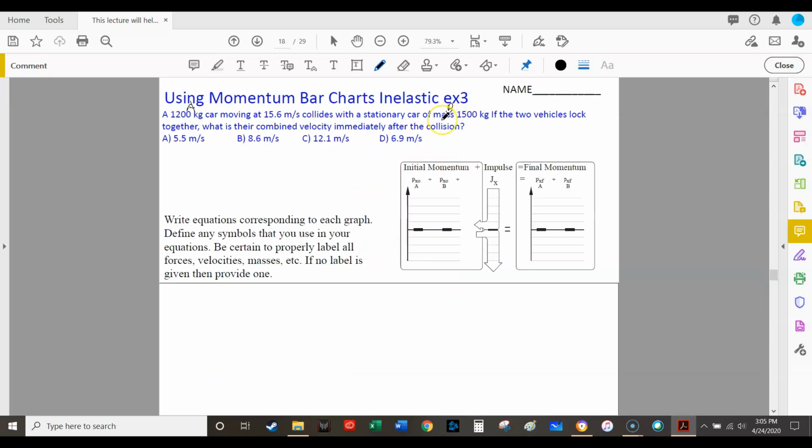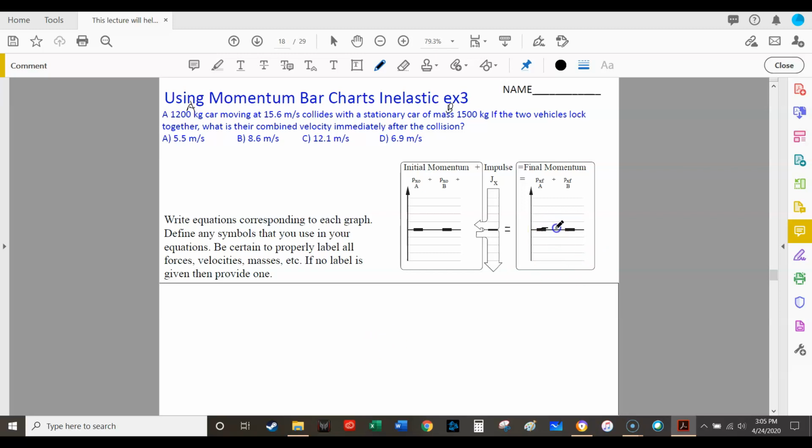Label the velocities just like we had done, fill in the momentum bar charts, and figure out what the combined velocity of both objects after the collision is.